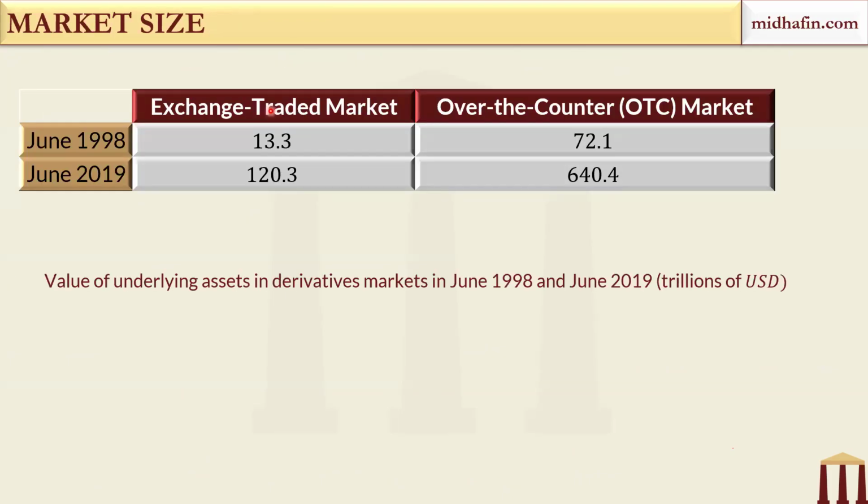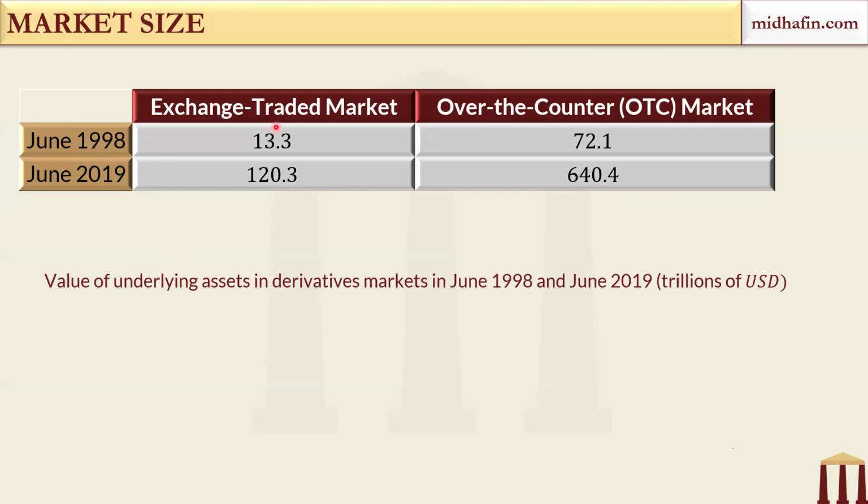Now let's explore the market size of derivatives. This table gives you an illustration of the underlying assets in derivatives markets at two points in time: June 1998 and June 2019.